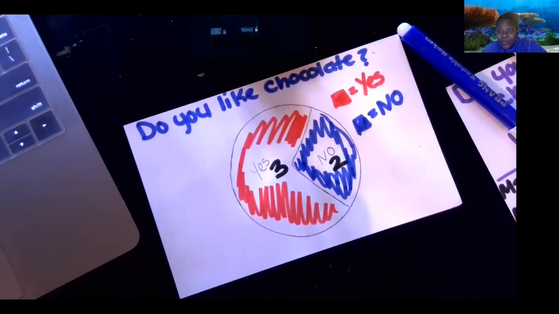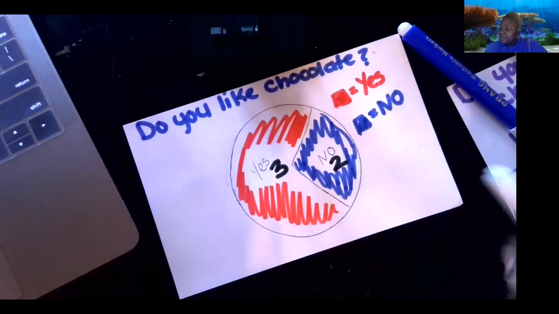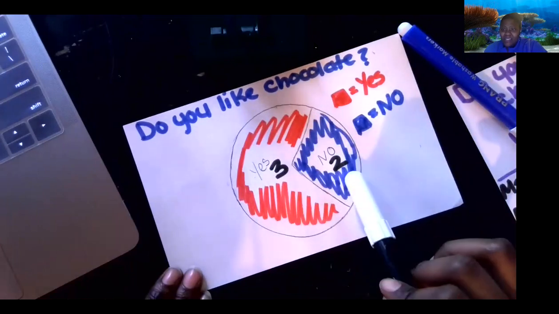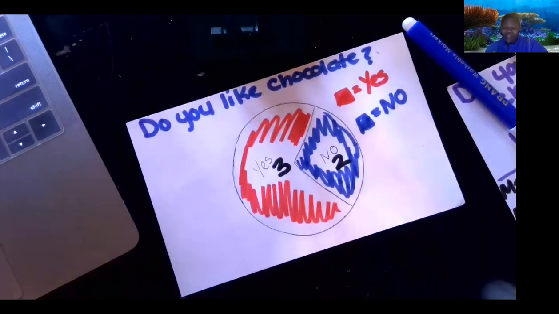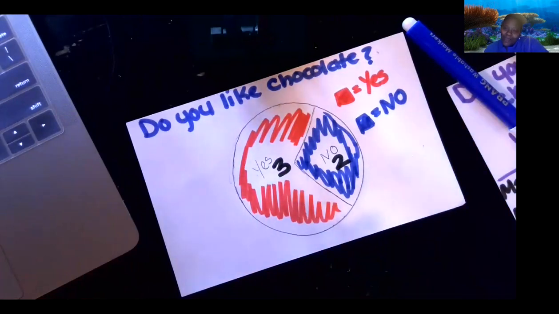Then that could give the person who's reading and interpreting your graph the option to add up to find out the total number of people that you even asked. And that could be like a little challenge for your parents, or maybe you can challenge your teachers and say, how many people did I ask?